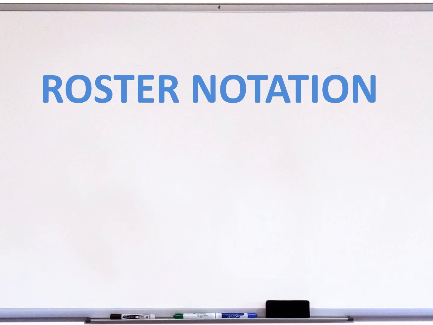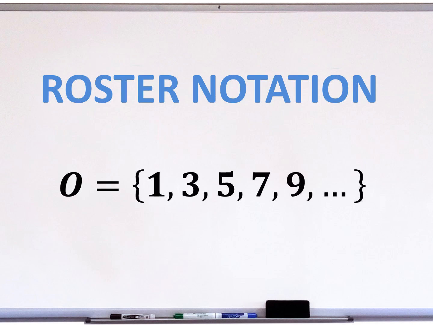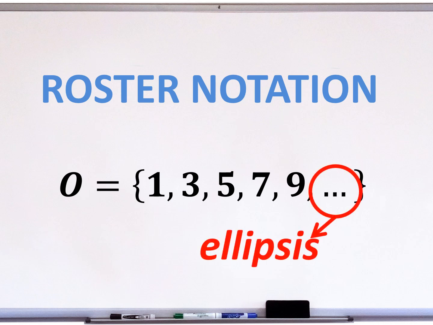Another set in roster notation is set O. As you can see in the given set, the elements of set O are numbers separated by commas and enclosed by braces. But if you look closely at the given set, it contains 3 dots before the closing brace.